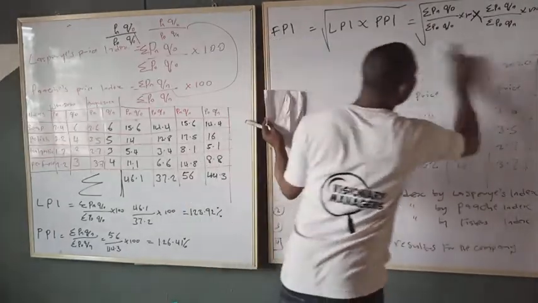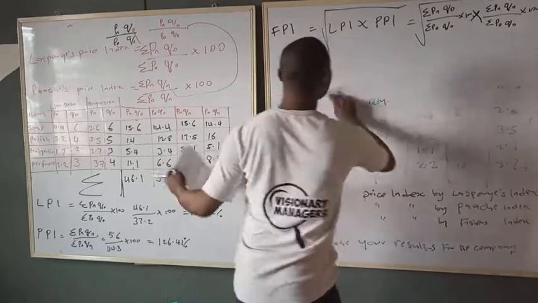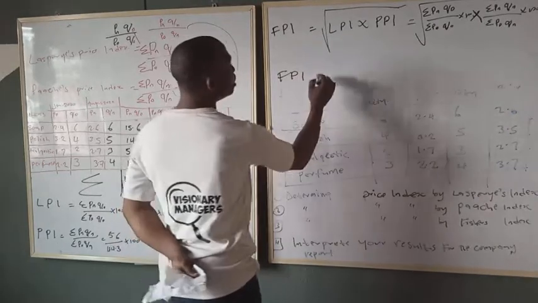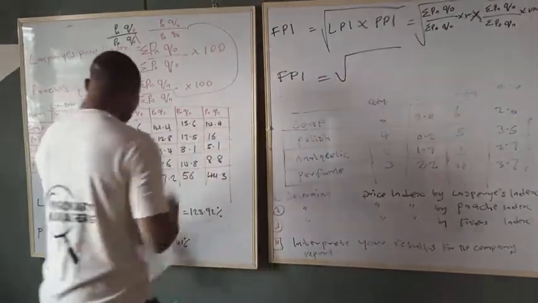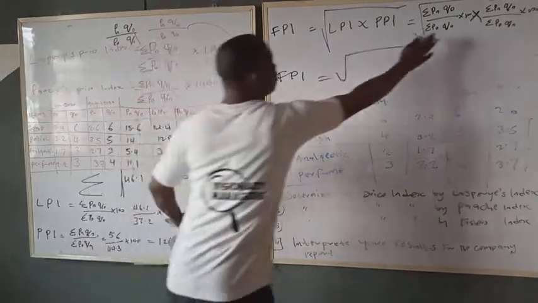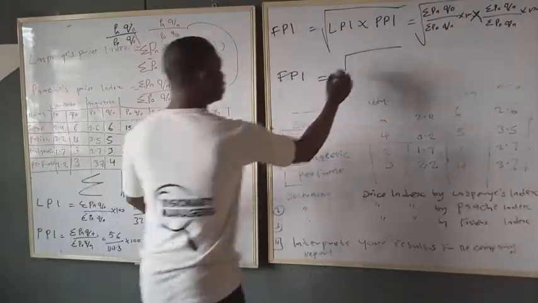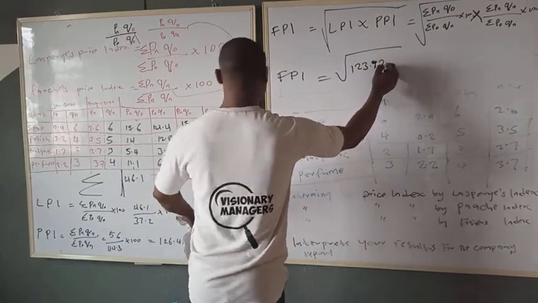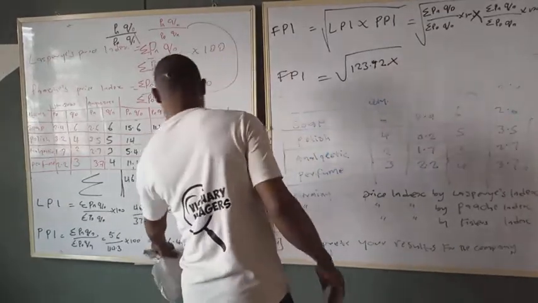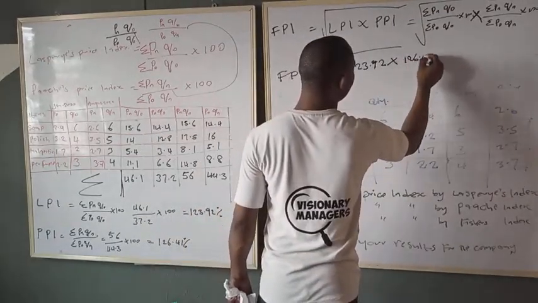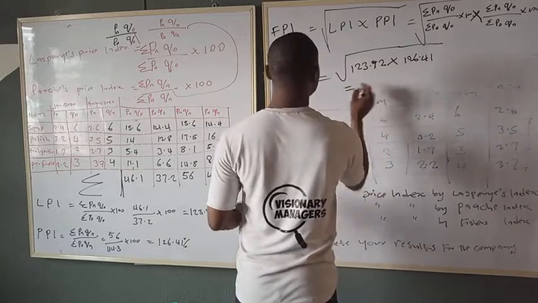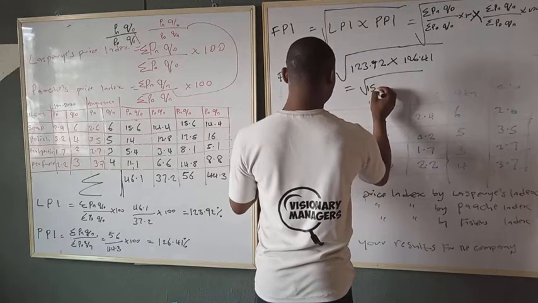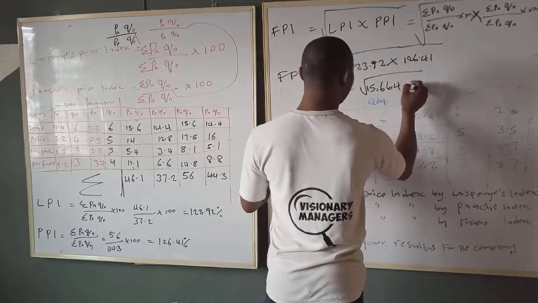But because all these are what we solved here, you just say Fisher's price index is equal to the square root of the answers for these. When you solve all this, we get 123.92 times 126.41. When you multiply, you get the square root of 15664.73.